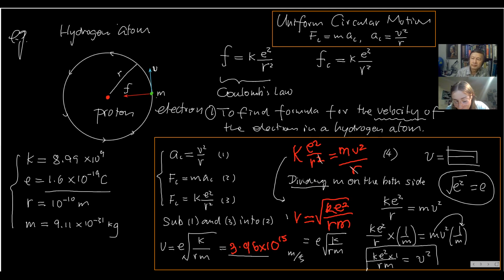Okay, I didn't put the square inside the square root. I put the e inside the square root, but I forgot to put e squared. If you put the e inside, it should be e squared.